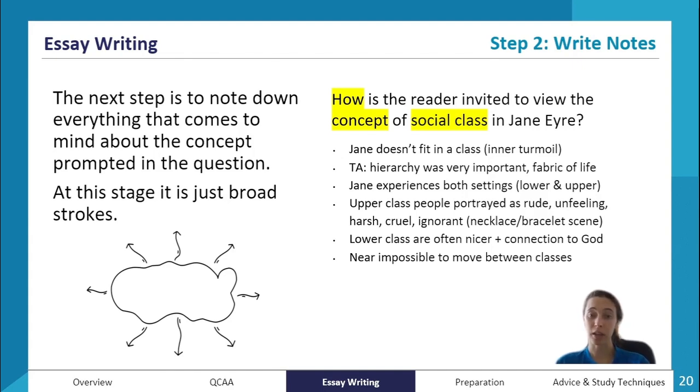Jane doesn't fit in a class, so she's in turmoil. The hierarchy was very important, and Jane experiences both settings, lower and upper social class. Upper class people are portrayed as rude, unfeeling, harsh, cruel, ignorant. We've got some ideas of particular scenes that illustrate the points we're making.